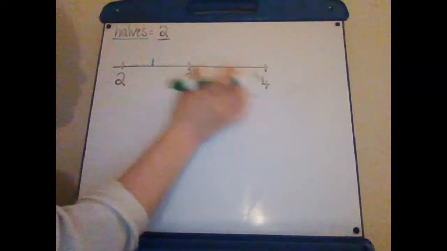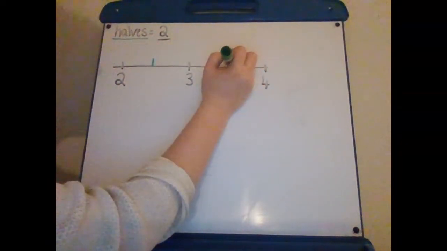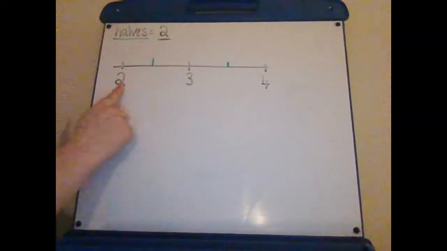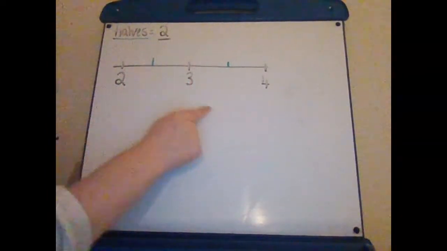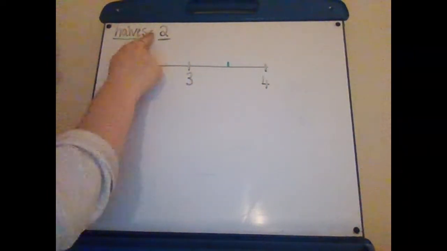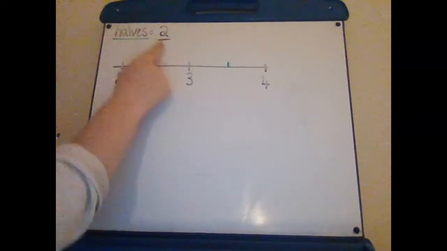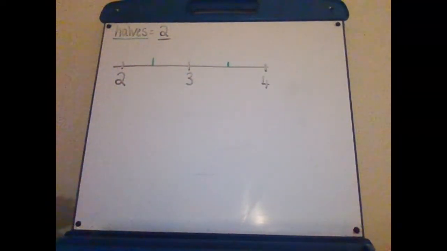Same thing, one whole, if it's split into halves, it needs to be into 2 equal parts, not the whole number line, between the one whole. 2 to 3 is one whole, 3 up to 4 is another one whole. They're split into halves, 2 equal parts from here, 2 equal parts from here.